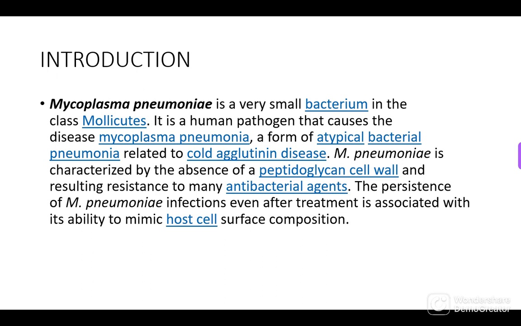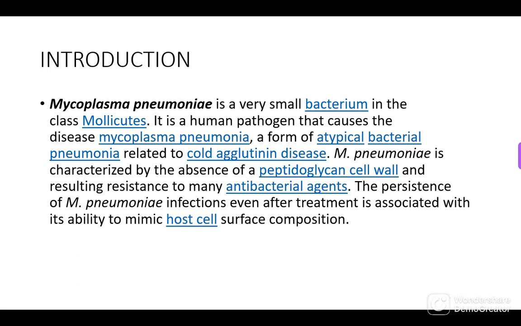Same as with Pneumocystis jirovecii, a very long discussion has gone on for 20-30 years: is it a bacteria, a fungus, or a parasite? In the end, they said that it is a bacteria, which is very, very near to the fungus characteristics. So Mycoplasma pneumoniae is a very small bacterium.